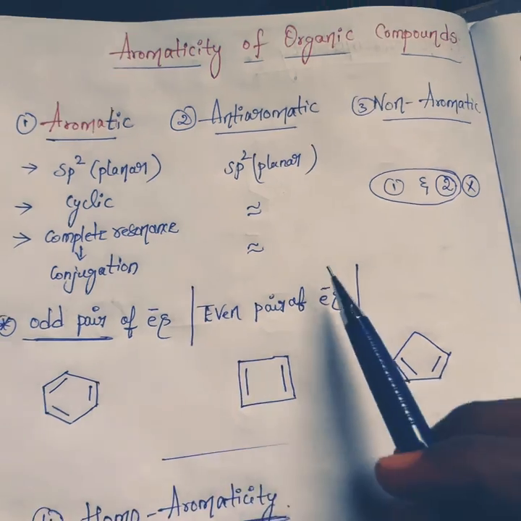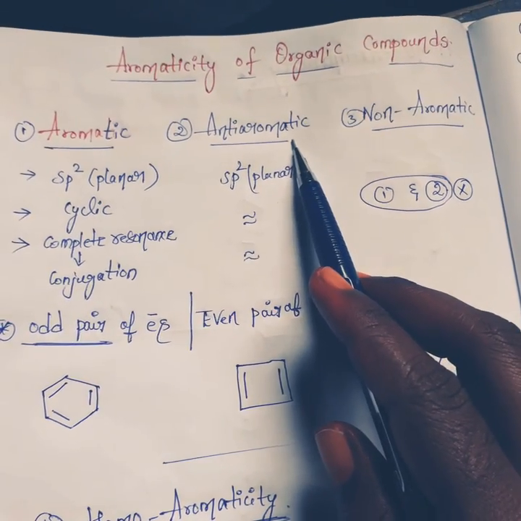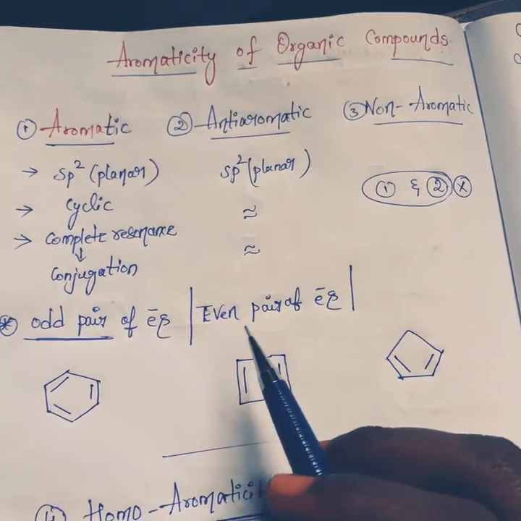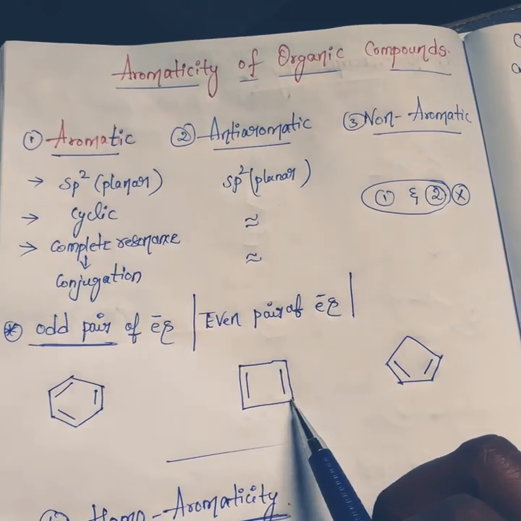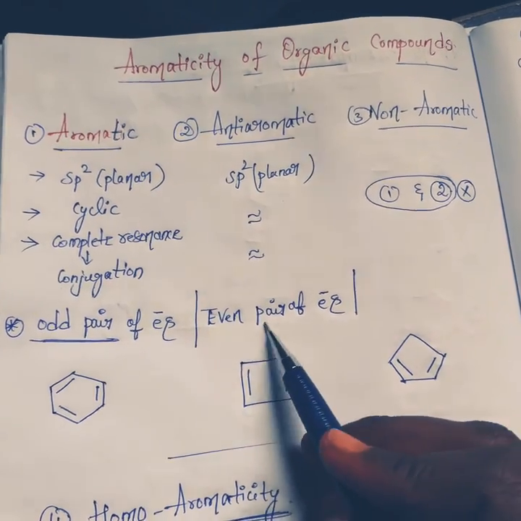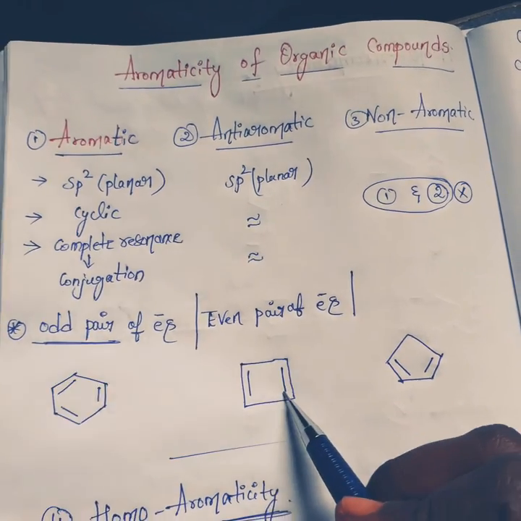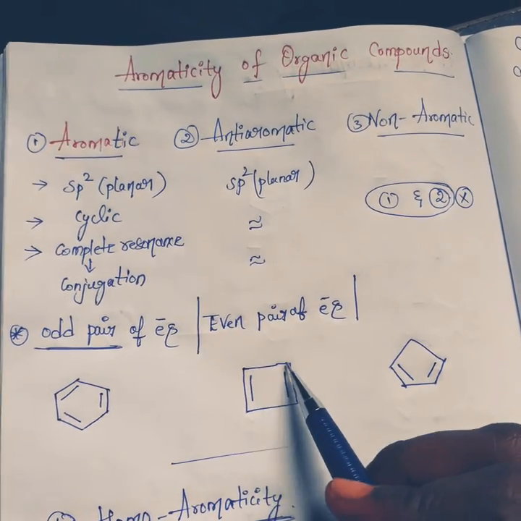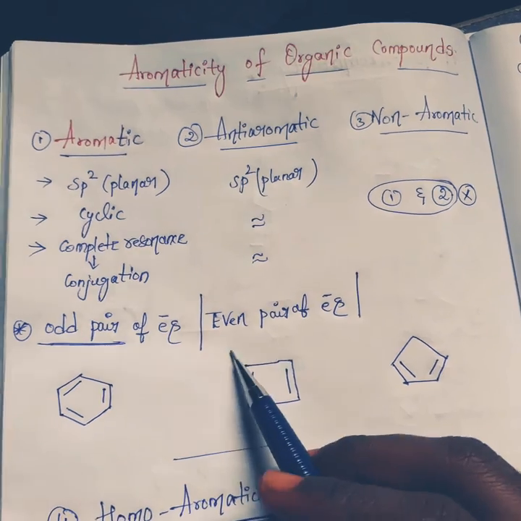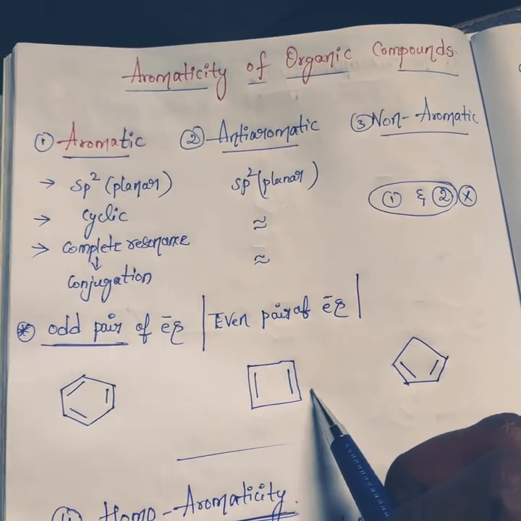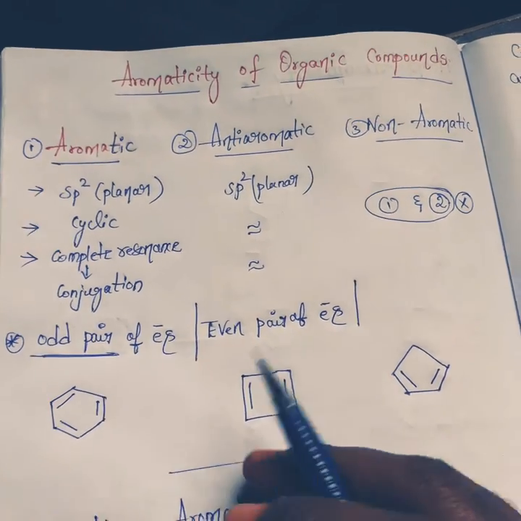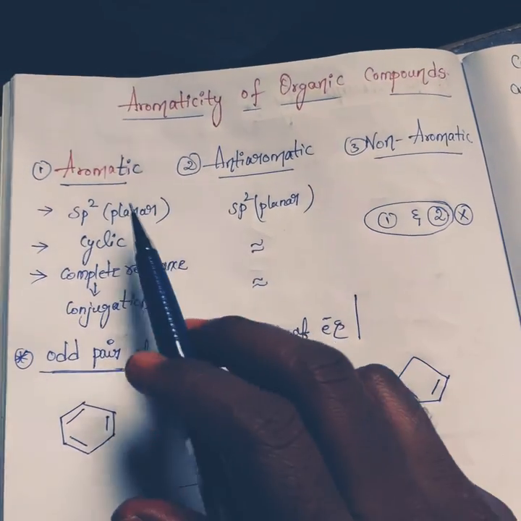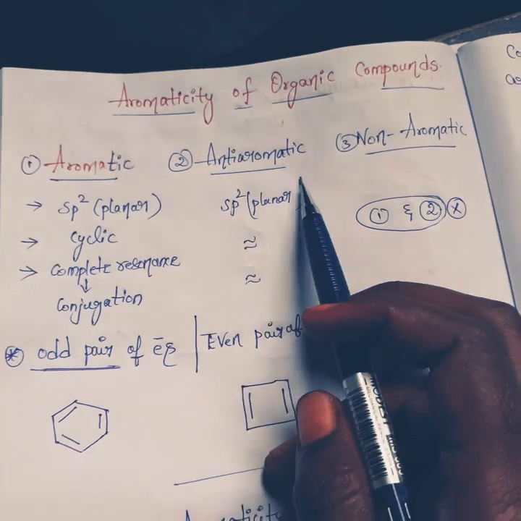And in the case of anti-aromaticity, an even pair of electrons should be present. Here, this is 1, 2, that means 2, which is even, so an even pair of electrons is present. That's why it is anti-aromatic. All the properties are similar for both aromatic and anti-aromatic, friends.